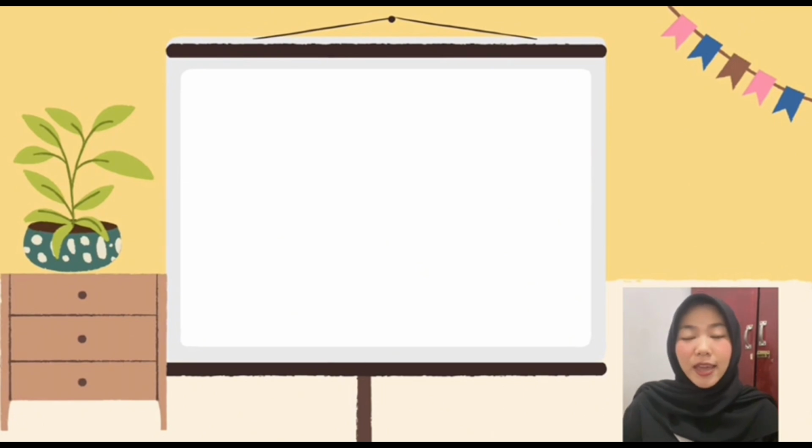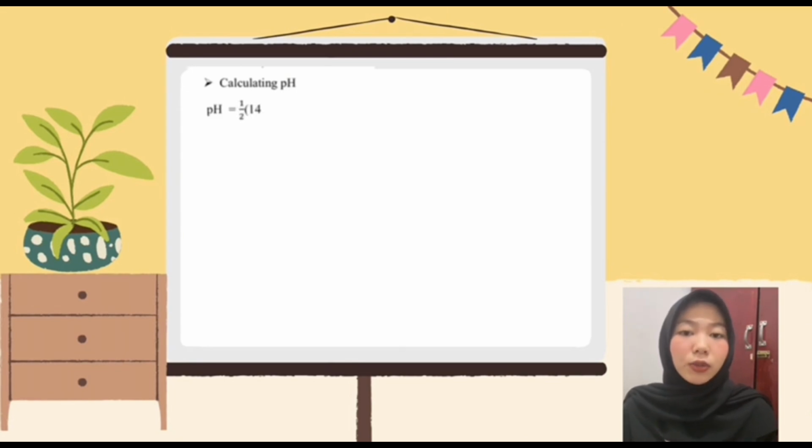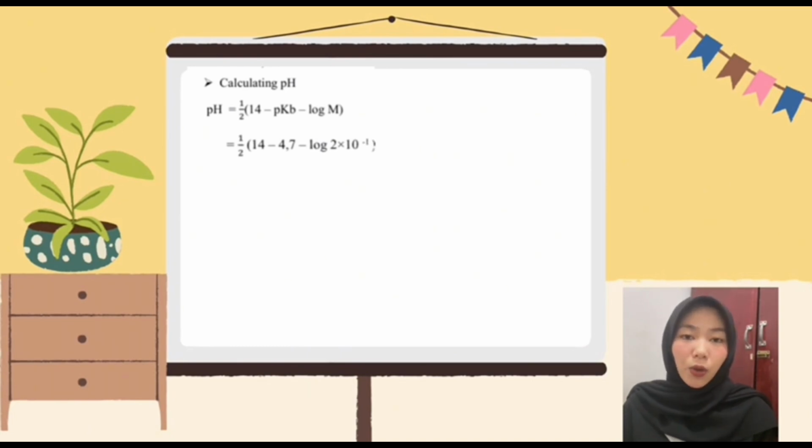Next, we can determine the pH by using the formula pH equals 1/2 times (14 minus pKb minus log M). So, we get 1/2 times (14 minus 4.7 minus log 2 times 10 to the power of minus 1). So, we get 1/2 times 10 equals 5.